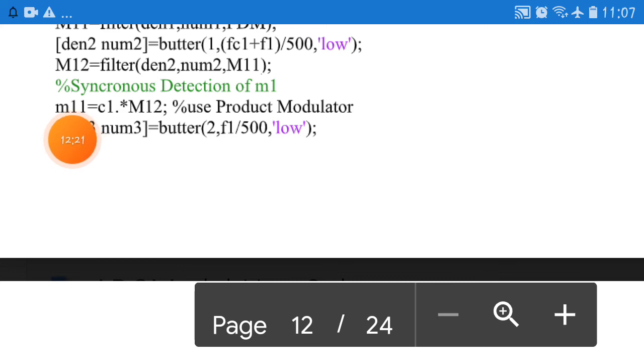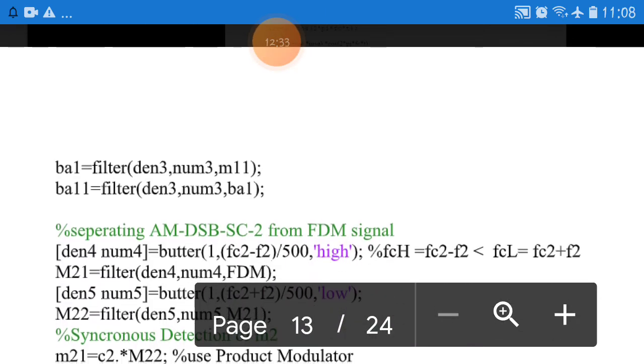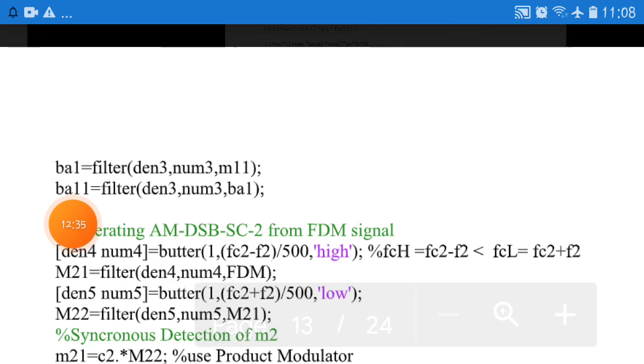If the product modulator output is passed through the low pass filter, finally you will get BA11. So BA11 is the demodulated signal after passing through the low pass filters.